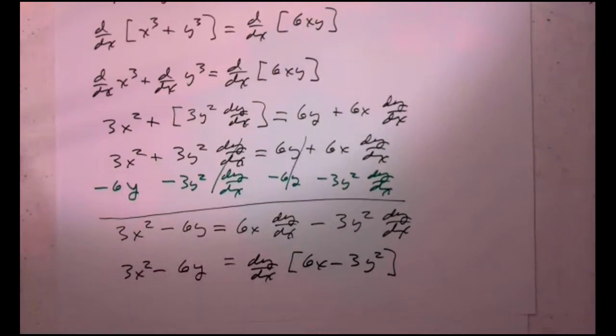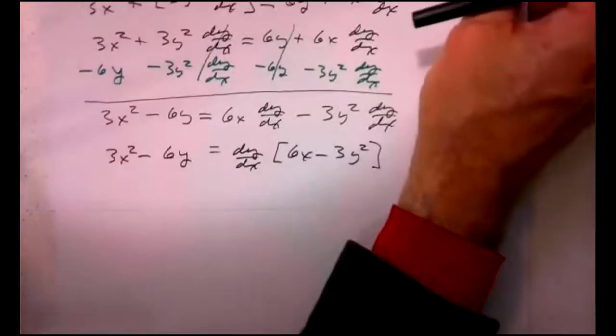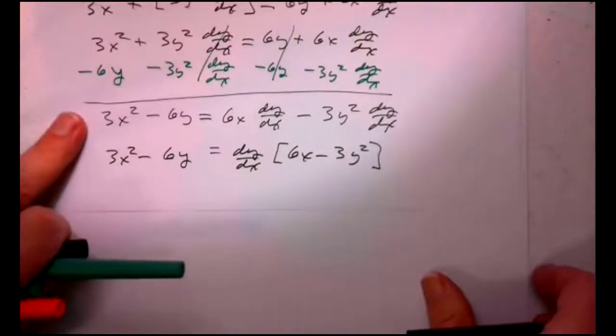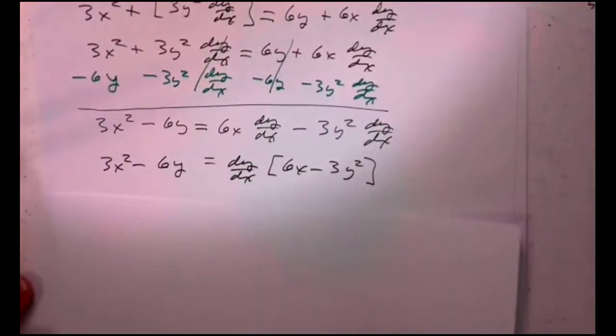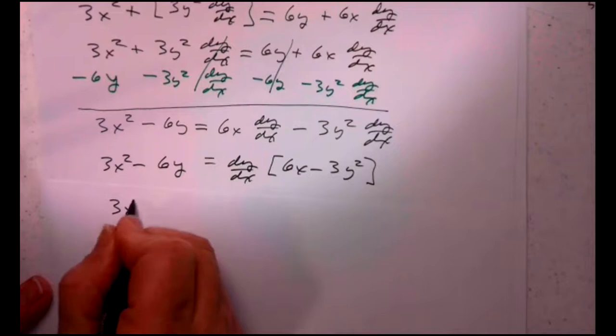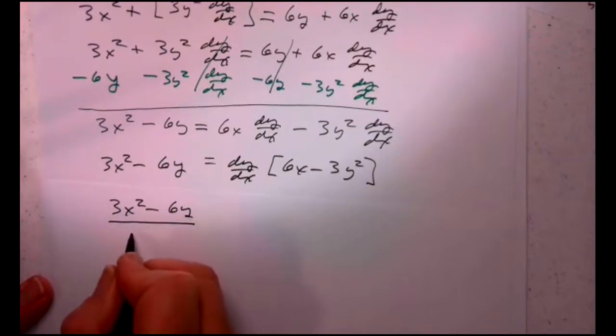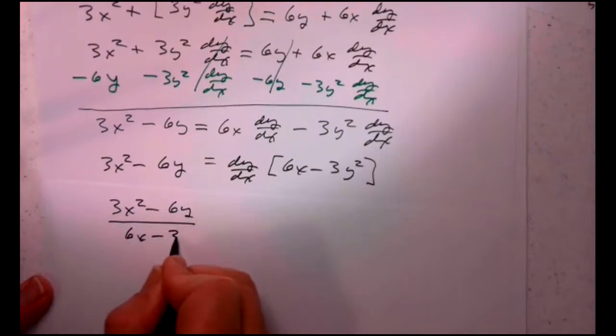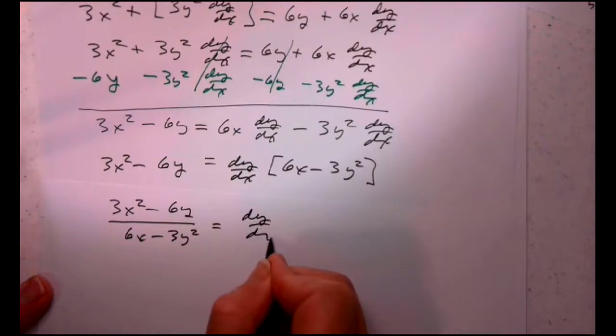Now to solve for dy/dx, I will divide both sides by what is multiplying dy/dx. So that will give me 3x squared minus 6y divided by 6x minus 3y squared equals dy/dx.